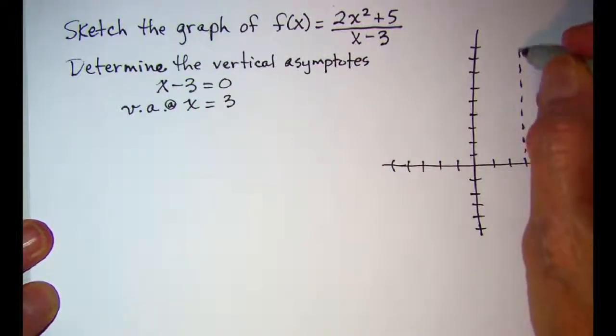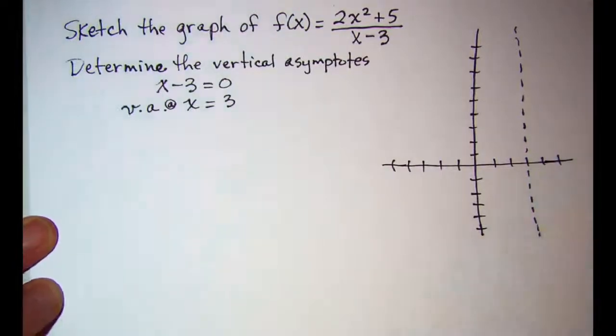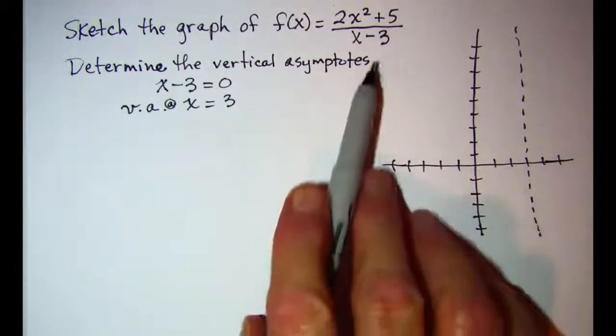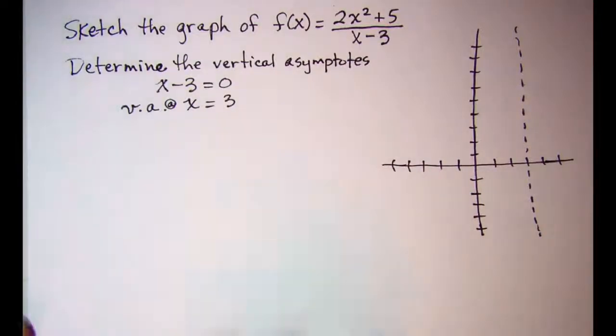We need to draw a line to indicate that our graph cannot cross that vertical line. If it does, then x is equal to 3 and we have division by 0, which is undefined.